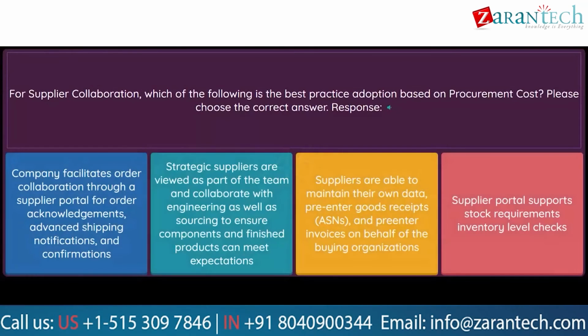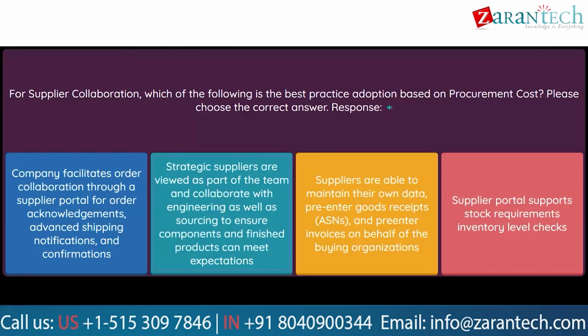Question: for supplier collaboration, which of the following is the best practice adoption based on procurement cost? Please choose the correct answer. Response: Option 1. Company facilitates order collaboration through a supplier portal for order acknowledgements, advanced shipping notifications, and confirmations. Option 2.